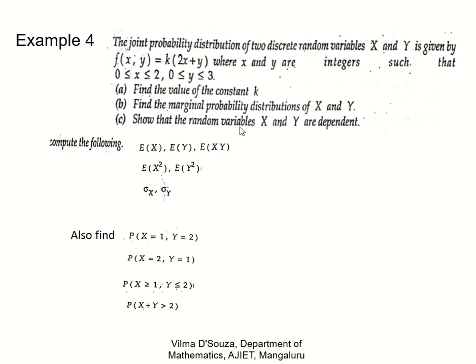Show that the random variables x and y are dependent. Compute E of x, E of y, E of xy, E of x square, E of y square, sigma x, sigma y. Also find P of x equal to 1, y equal to 2, P of x equal to 2, y equal to 1, P of x greater than or equal to 1, y less than or equal to 2, and P of x plus y greater than 2.